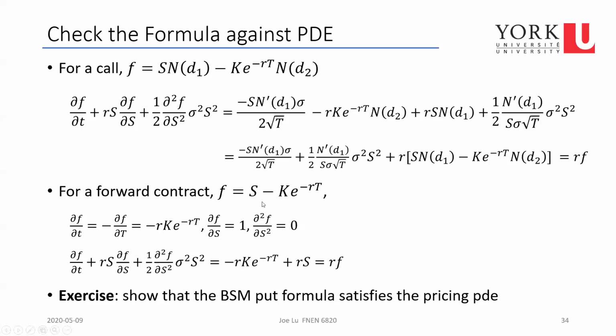So again, this shows that the pricing formula for the forward contract that we have written down here satisfies the fundamental partial differential equation. You can treat it as an exercise where you can try to show that the put formula also satisfies the fundamental partial differential equation.